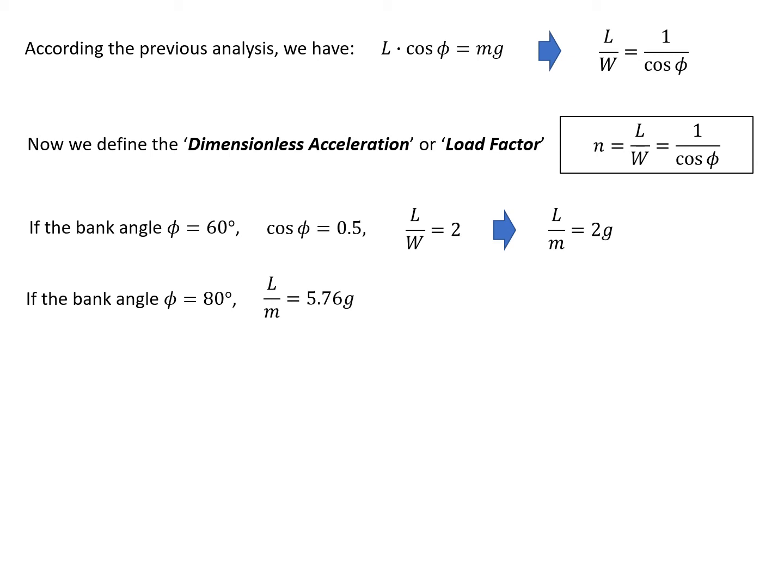And if the bank angle becomes 80 degrees, only a 20-degree change, the load factor becomes 5.76. So it's a significant change. Although the bank angle increase is not so significant, the load factor, the G-force, increases significantly, which causes significant discomfort for the pilot or passenger.